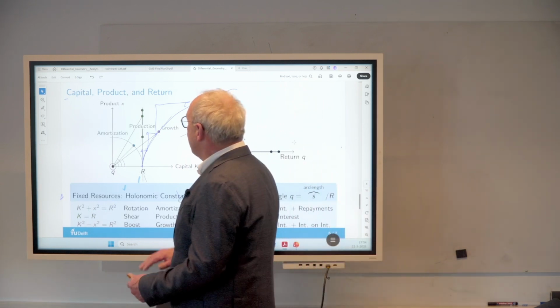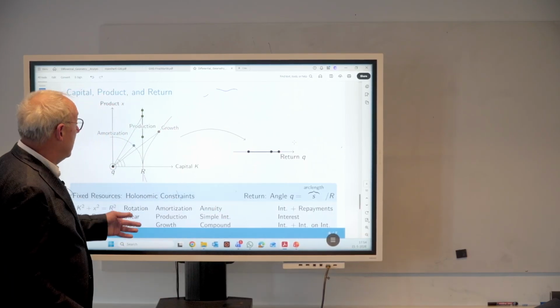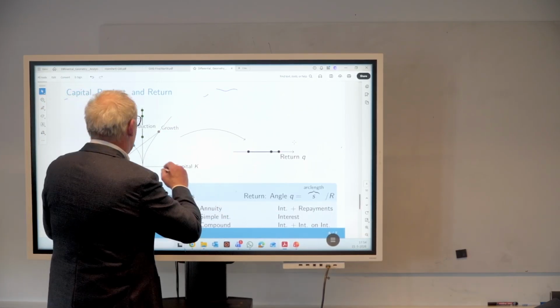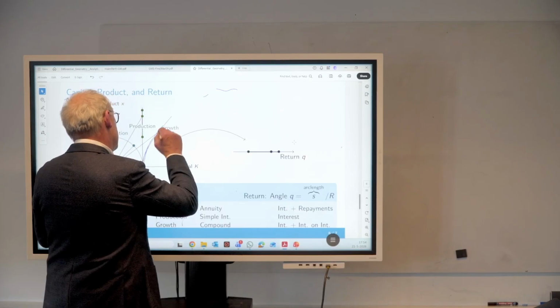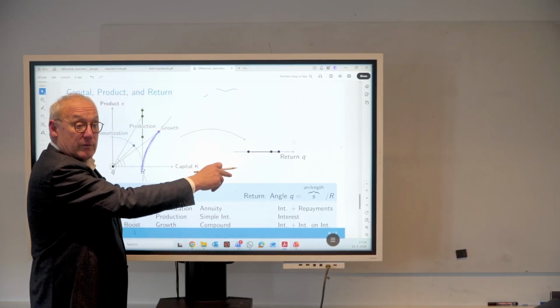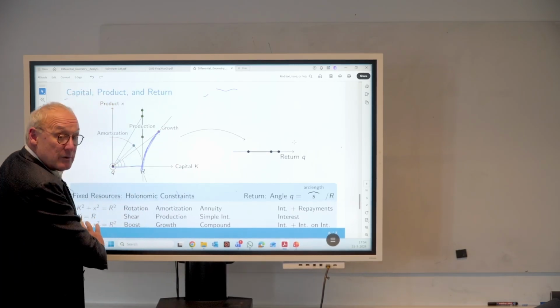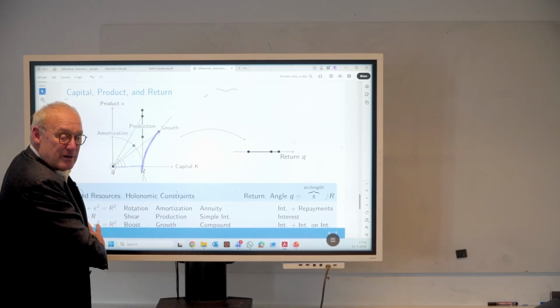So those are the three basic shapes that you can make. And again, what is now the arc length? The return is this whole arc length. So our coordinate will be this arc length divided by this R, the original population.